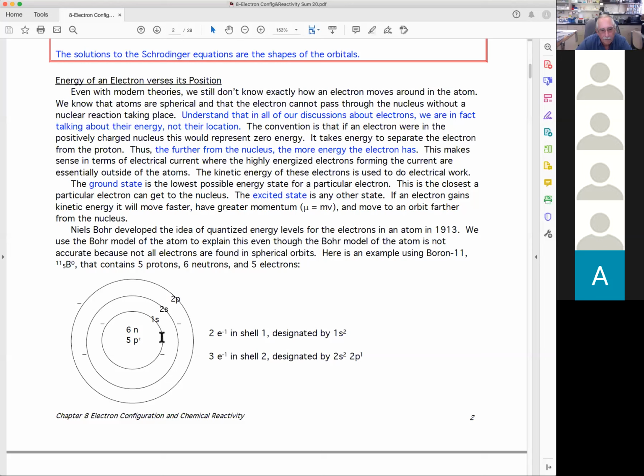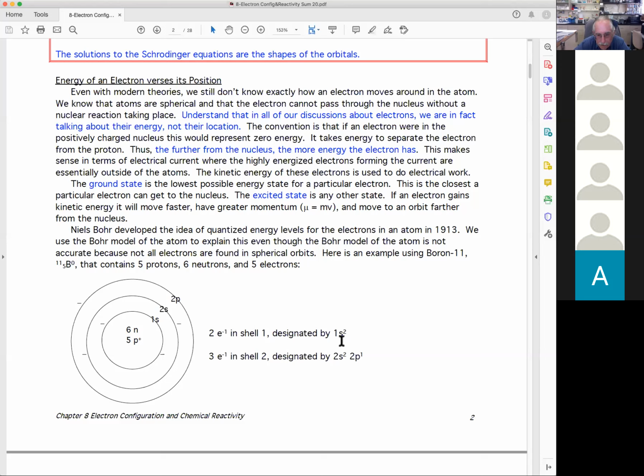So look, in this 1s, we have 2 electrons, and now it's full. Look at how the symbolism is used. 1s2, what does that mean? These electrons, of which there's 2 of them, are in shell number 1.